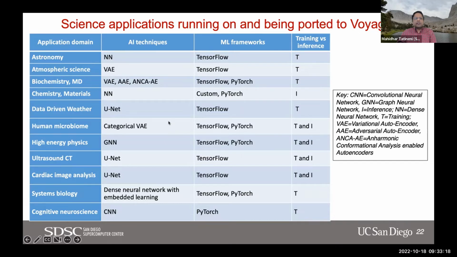So you have dense neural networks, variational autoencoders, GNNs. So quite a few standard techniques that you all might be interested in, and quite a broad range of application domains. So you have astronomy, atmospheric sciences, biochemistry, chemistry, data-driven weather, genomics, high energy physics, and image analysis and systems biology. So quite a bit of range there in terms of the scientific applications that have been running on Voyager.